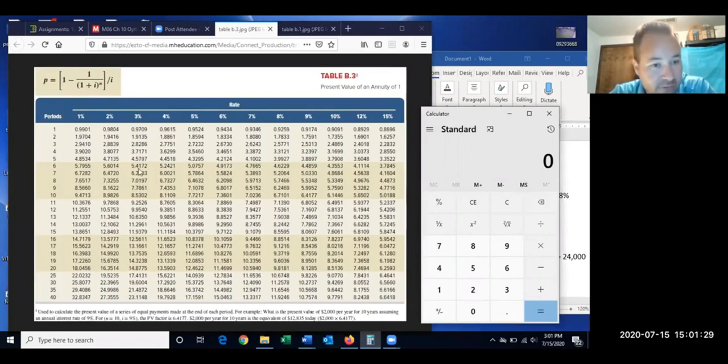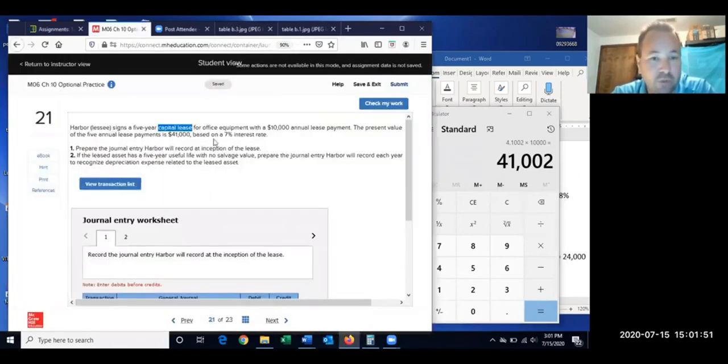If we take 5 at the percentage, which was 7, 4.1002, and multiply that by 10,000, the annual payments. Well, they didn't round it by much. They only rounded it by $2. So the 41,000, that's how they got it. They just used the charts. And they rounded it by $2, but no big deal.